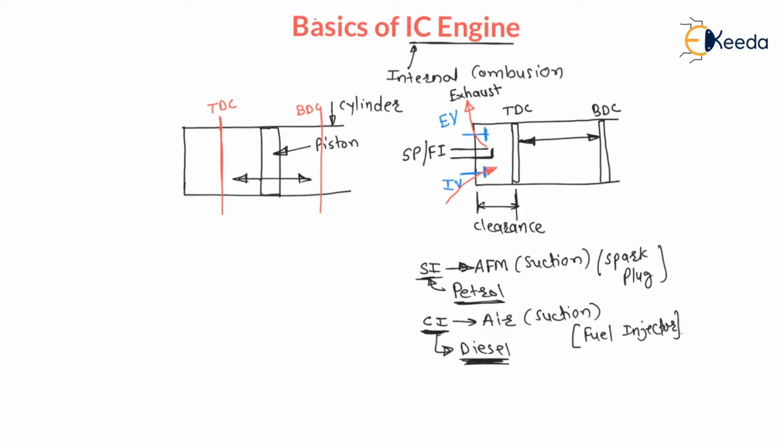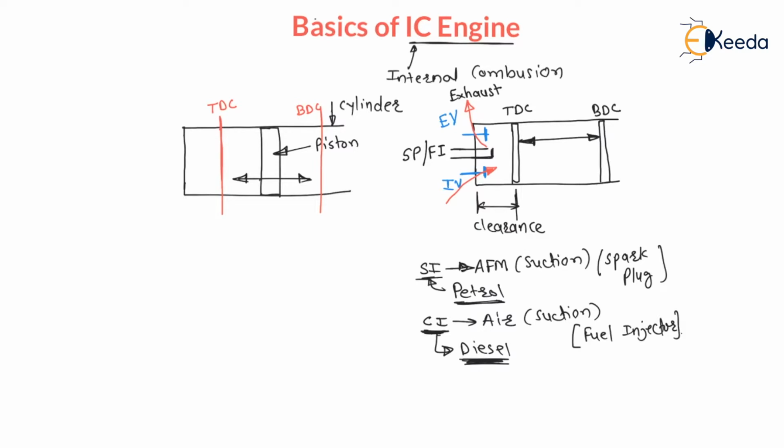Now, one more very important thing, remember that whenever the piston moves from top dead center to bottom dead center or bottom dead center to top dead center, then it is considered as one stroke. That means whenever the piston moves from any one dead center to the other dead center, it is considered as one stroke.